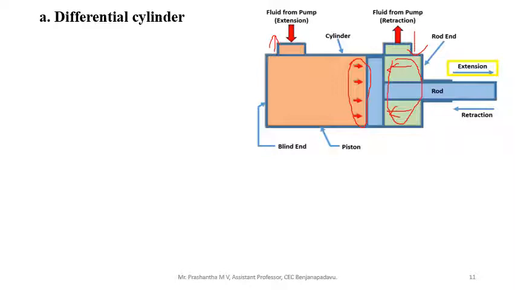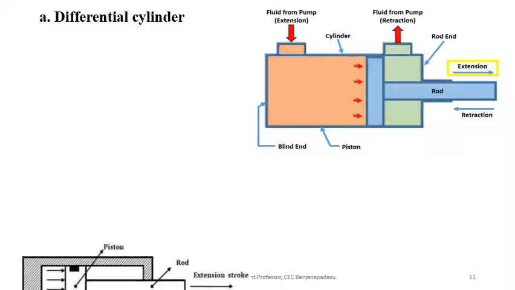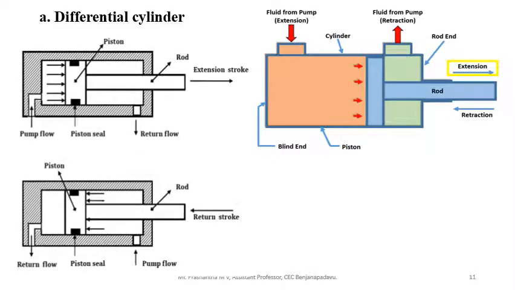So there is some difference in the forces. Hence this construction is called differential cylinder. See, look at here, you come to know. During extension, the force acts on the entire surface of the piston. During retraction, only this much. This is annulus area.